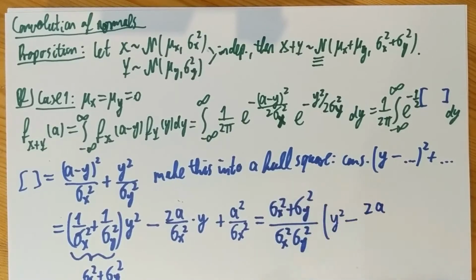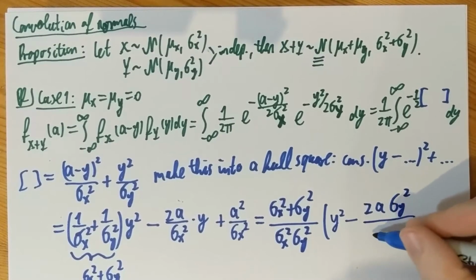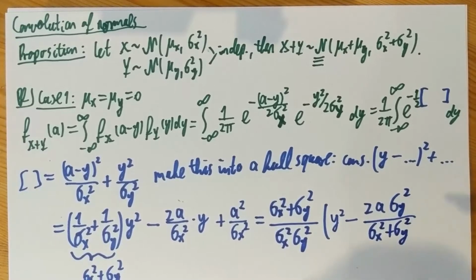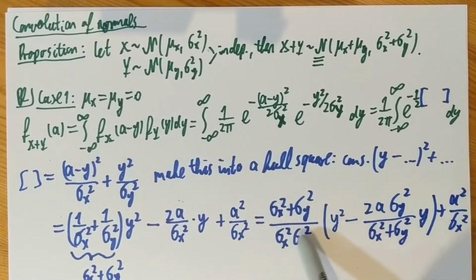However, I have some more factors here which I didn't have before, so I have to cancel those by adding in this factor of sigma y square over sigma x square plus sigma y square times y, and then I have the a square over sigma x square. So I just did some algebra here. If I redistribute this term over to that one, then the sum of the sigma squares cancel, the sigma y squares cancel, and I'll get back the other term here.